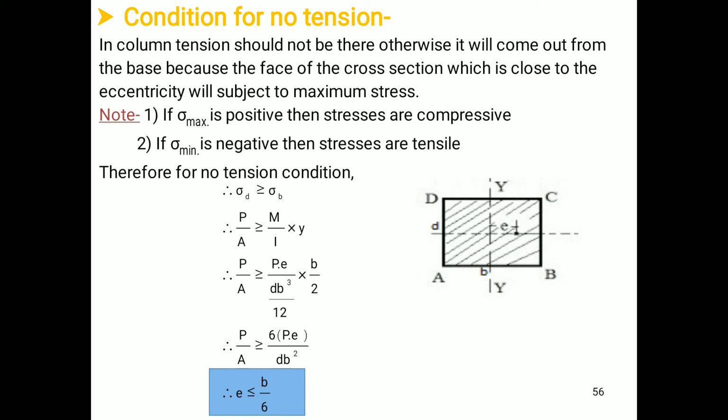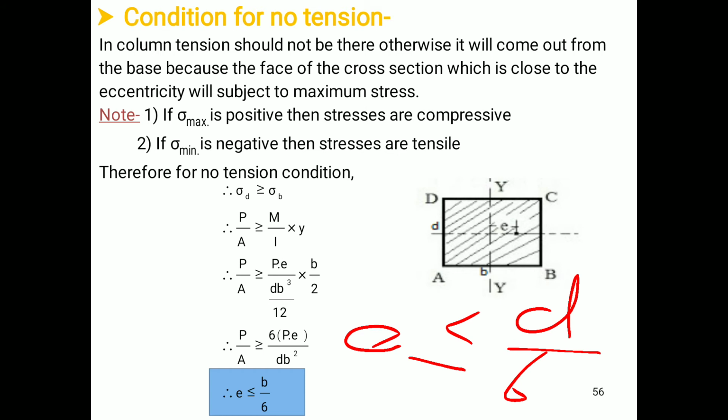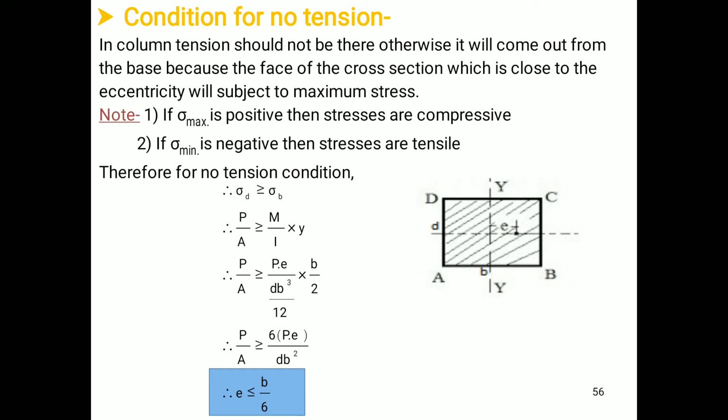This is the value we have because we have considered eccentricity about the y axis. If we consider eccentricity about the x axis, then e is less than or equal to d by 6. So when we have a value of e less than or equal to d by 6 or b by 6, it will be considered a no tension condition for the column.